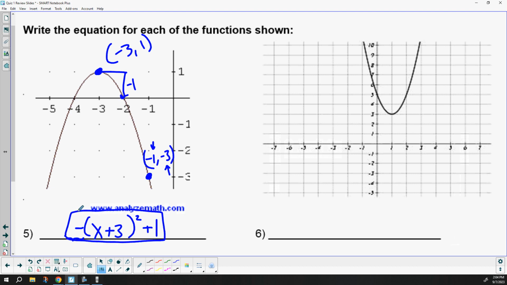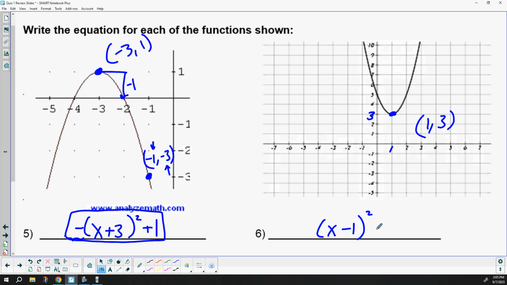Biggest thing here is getting your vertex, and you can be checking for your leading coefficient, the A. Again, vertex. I know it's hard to tell, but that's 1, and that's a 3. So 1, 3. I went to the right, so it should be x minus 1, plus 3 because we went up.